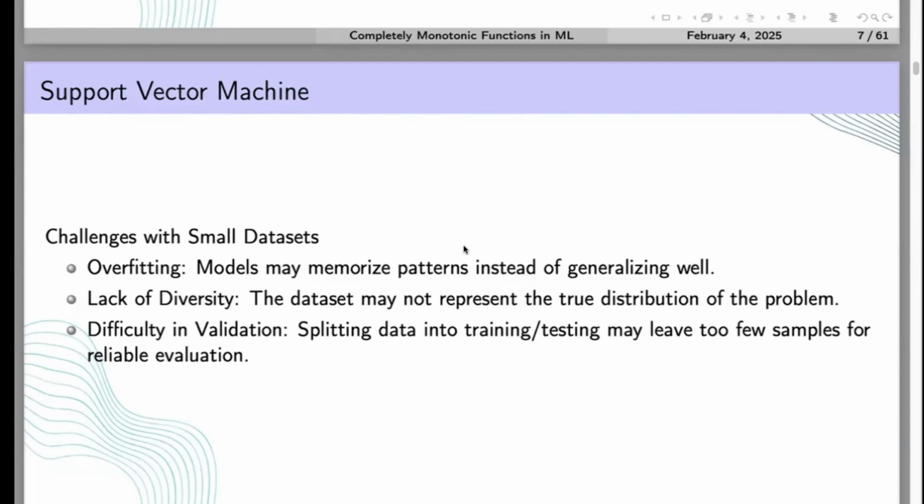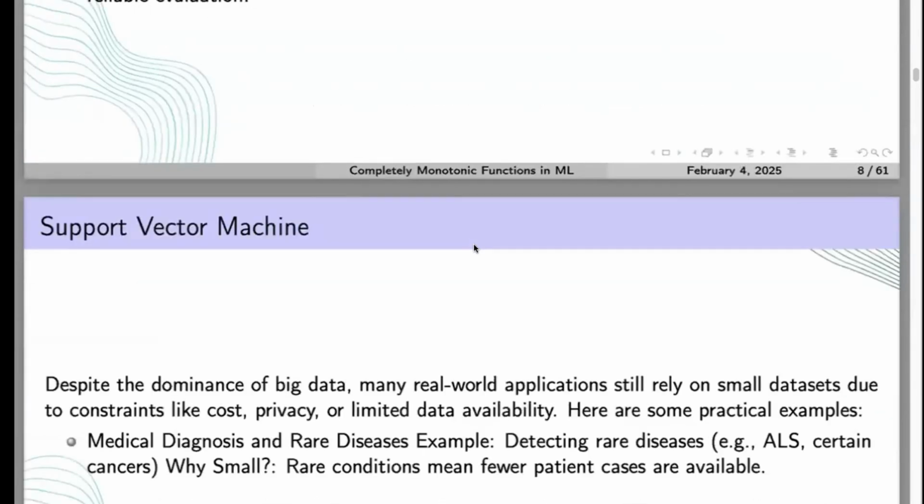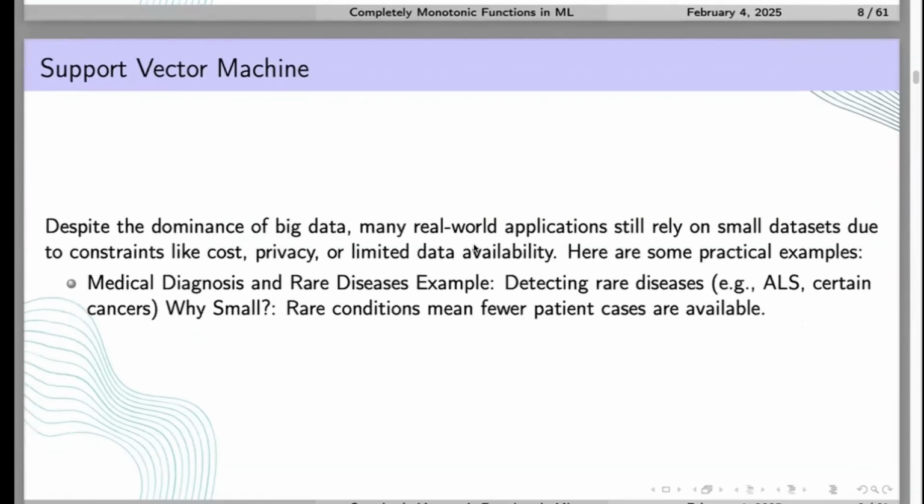Lack of diversity: the data set may not represent the true distribution of the problems. And difficulty in validation: splitting data into training and testing may leave too few samples for reliable evaluation. So these are also challenges for small data sets, and they need to be researched with care.